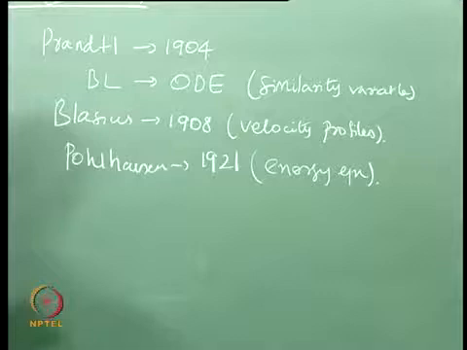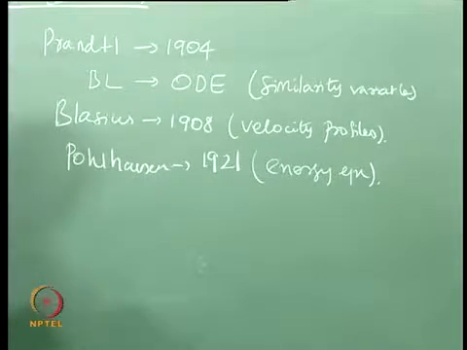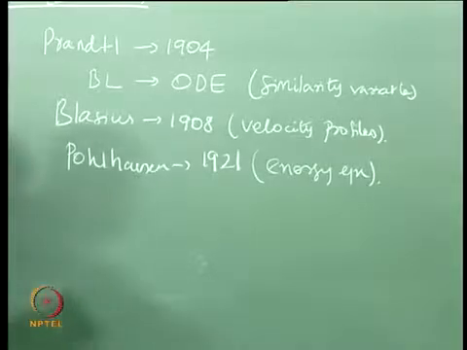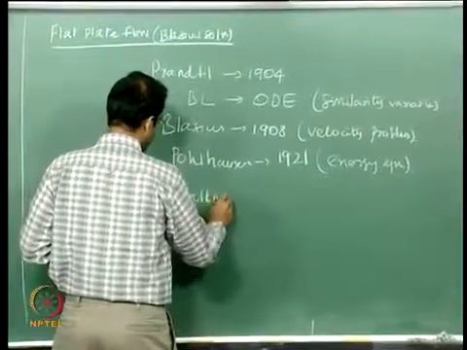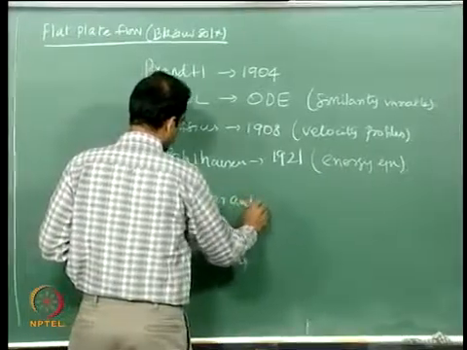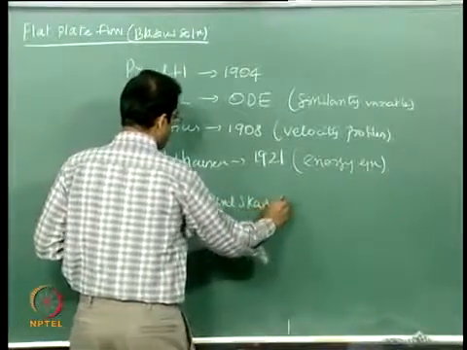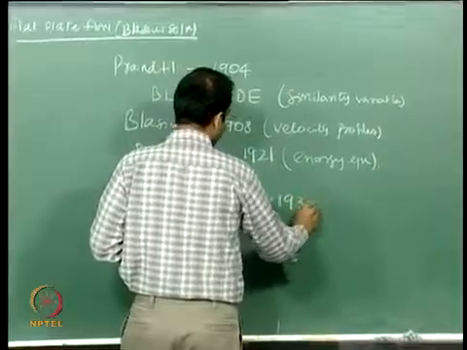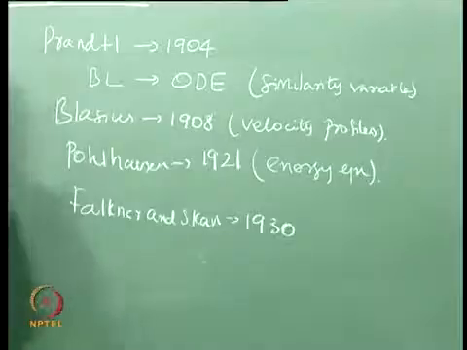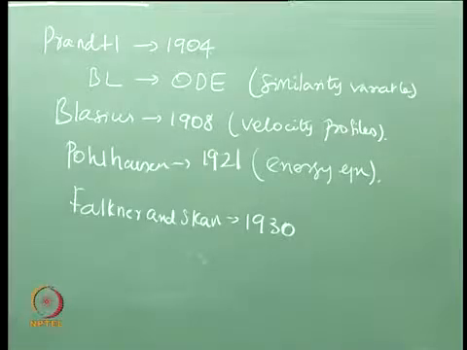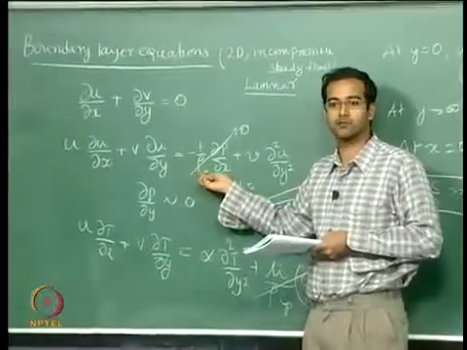So it took almost a decade to solve the energy equation from the original Blasius solution, and then in 1930 came Falkner and Skan. These two people extended the similarity method of solving the PDEs to flows with pressure gradient also.